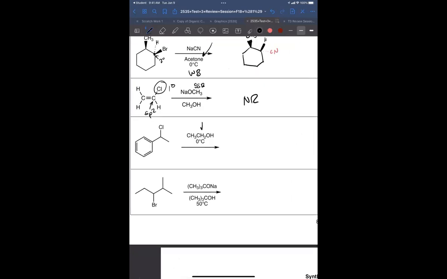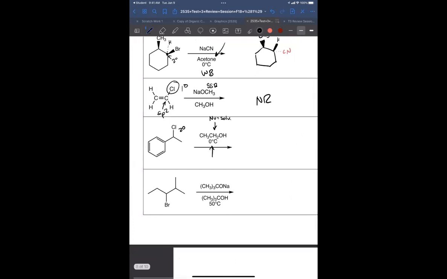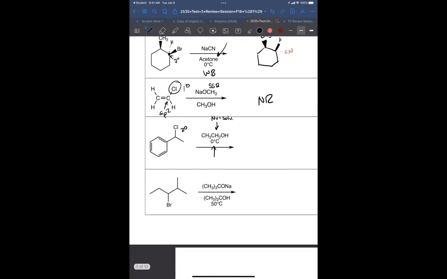Here is one of the cases where our nucleophile is the same as our solvent, and it's at low temperatures. So nucleophile equals solvent. We have a secondary carbon. Normally, that would be no reaction because remember, nucleophile equals solvent can only work on tertiary leaving groups.